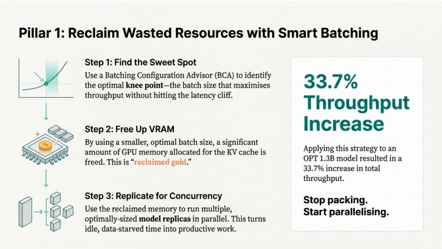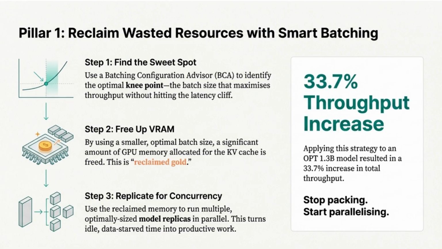So batching isn't useless. You just need to do it smartly. Step 1. Find your knee point. There's a tool called Batching Configuration Advisor, BCA. It finds the optimal batch size where you get maximum throughput without wasting resources. Step 2.